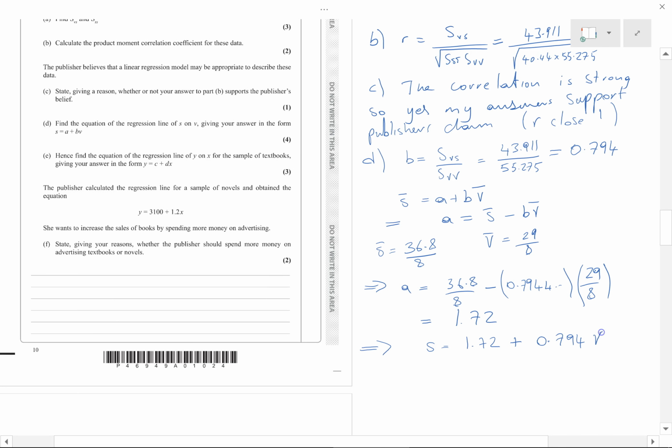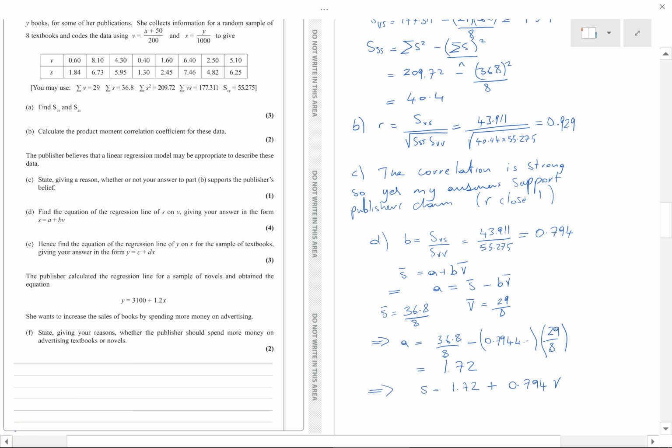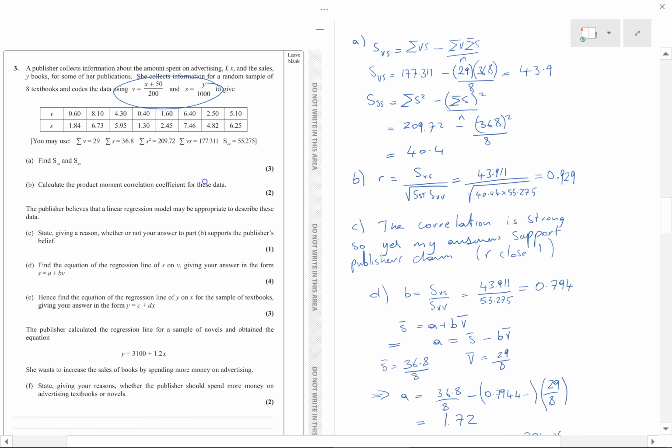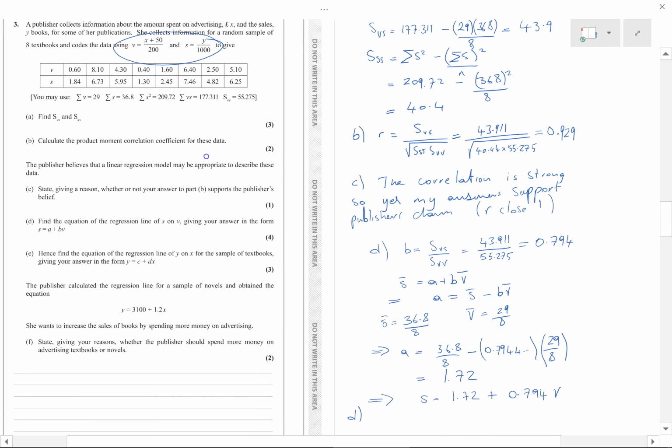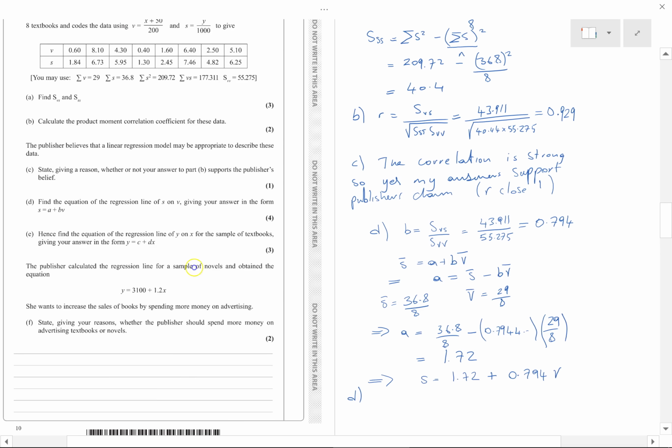times V. So part D is referring back to, because I remember our original data was about sales of books, and the data that we were given, V and S, was coded.